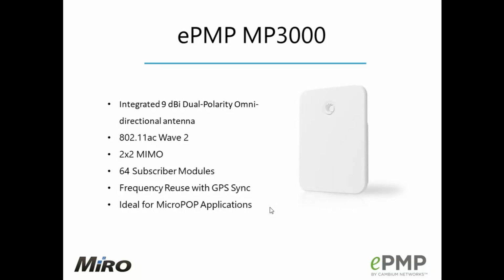Their coverage will overlap, and they're just going to cause noise and interference with each other. So this is sort of a one-stop shop solution. You stick up your 360-degree antenna, and that will cover all directions. Okay, up to 64 subscriber modules or CPE devices can connect to this awesome solution. So obviously it goes without saying, it says it in the name, it is ideal for MicroPOP applications.